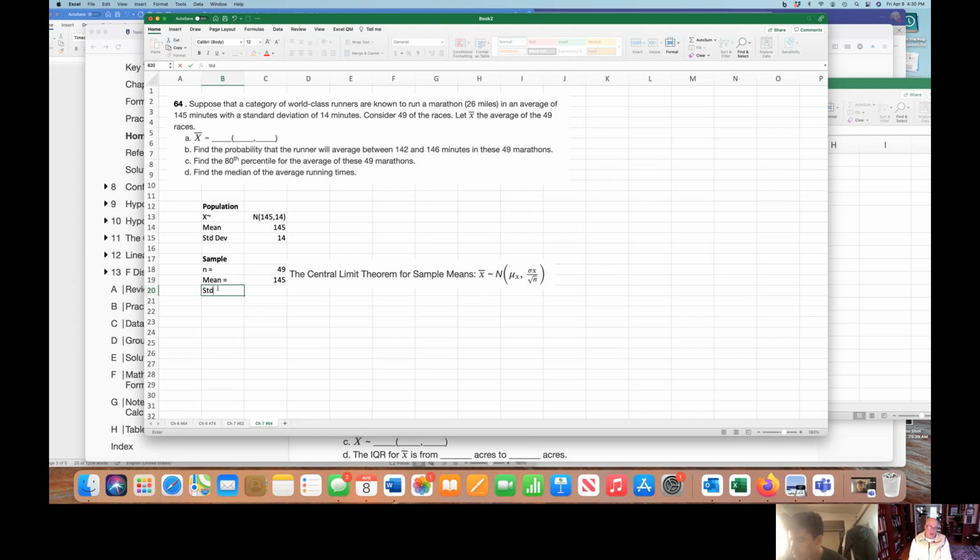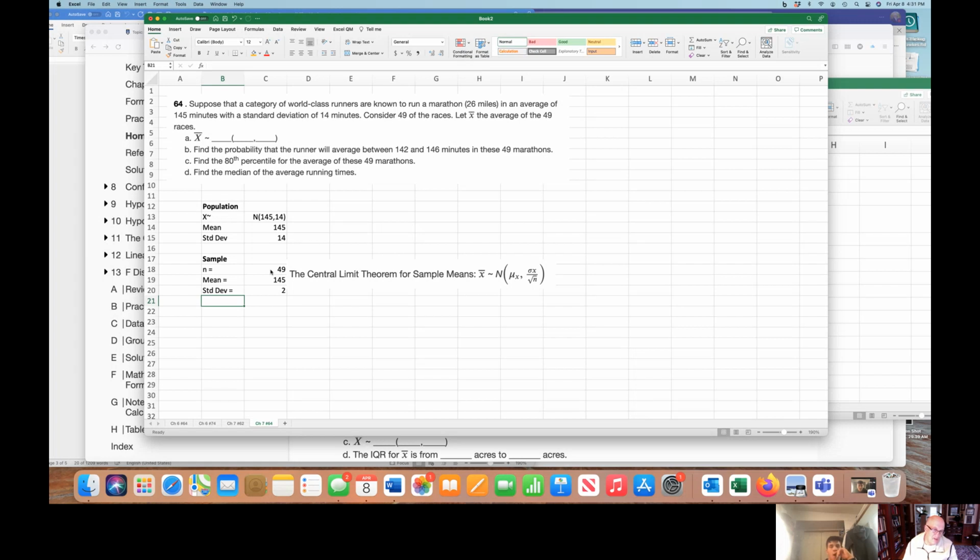So the standard deviation here is going to be the same standard deviation as this, divided by the square root of what? It's going to be 2. 14 divided by the square root of 49.